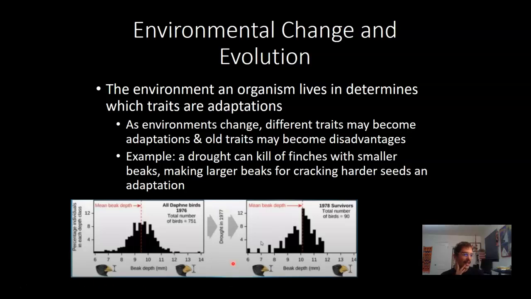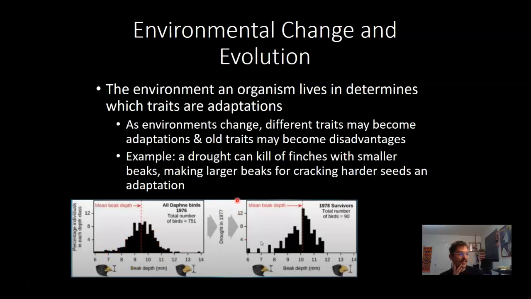In the Galapagos Islands in Ecuador, they were measuring the beak depth of these finches, or Daphne birds, over a period of time. So this is the percentage of individuals in each depth class, in each size of beak.